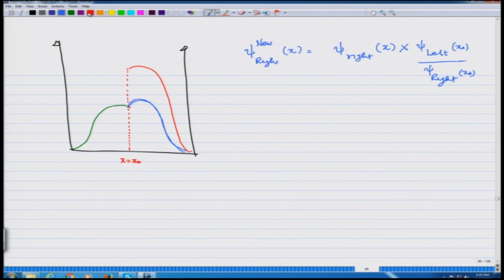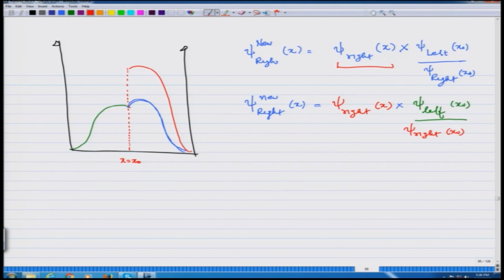From red we have done this one, let me write this one as red. So, I have made psi right new x equals psi right x times psi left x 0 divided by psi right x 0.